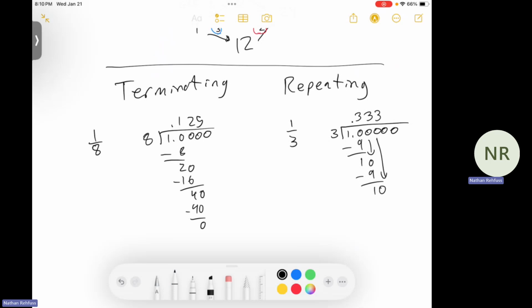So we get another 3. And then we get another 10, which makes another 3. On and on forever. So 1/3 is the same as 0.3 repeating. That bar over the top means repeating. It's 0.33333333. The 3's go on forever. So some decimals terminate and other decimals repeat.